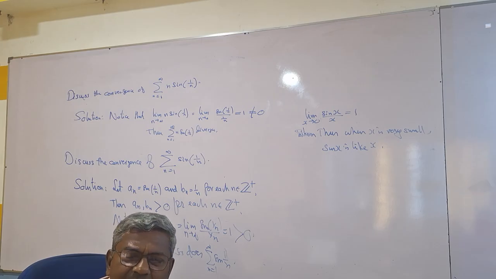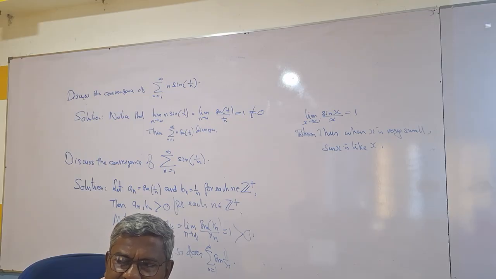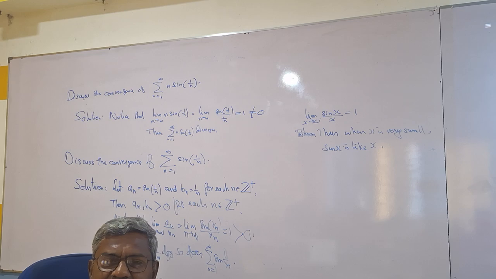Then sigma, n going to infinity, cos 1 over n: when n goes to infinity, 1 over n goes to 0, and cos 0 is 1.